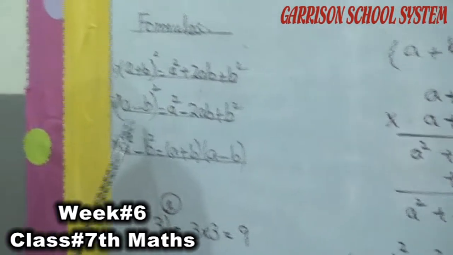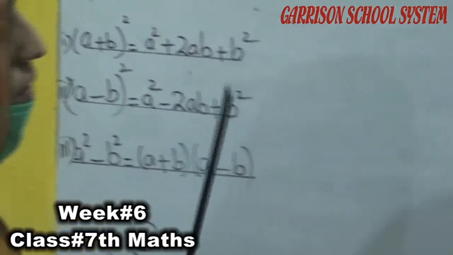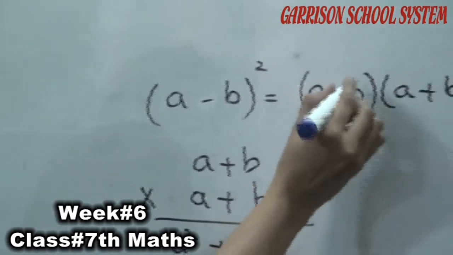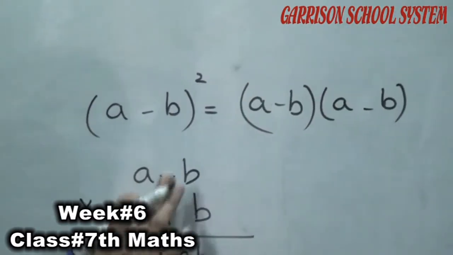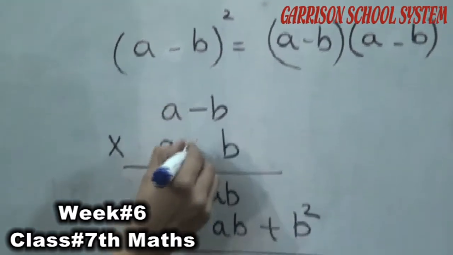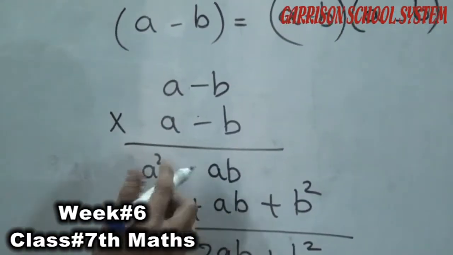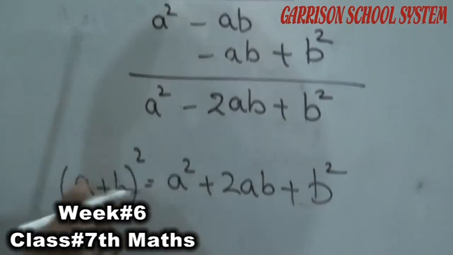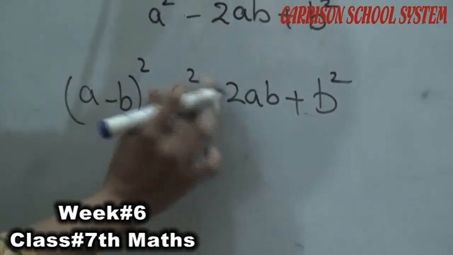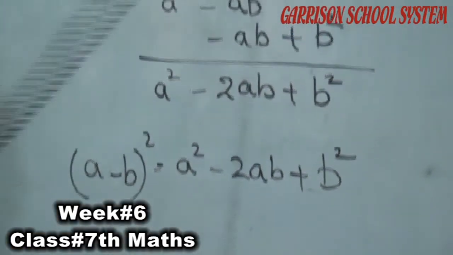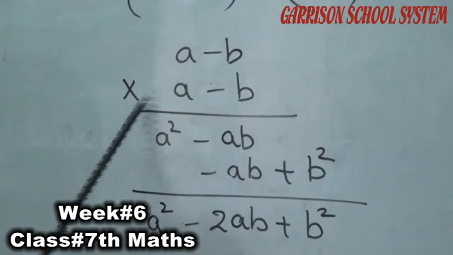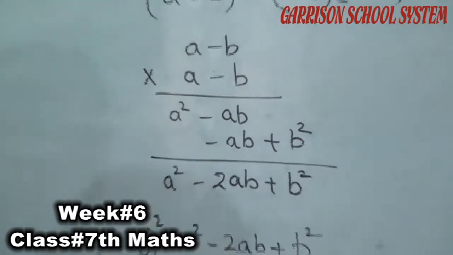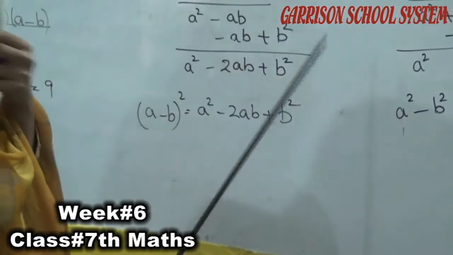And when I discuss a minus b whole square, it will become a minus b into a minus b. It will just change the sign of this. So a minus b into a minus b, when I multiply, it will produce a minus b whole square is equal to a square minus 2ab plus b square.